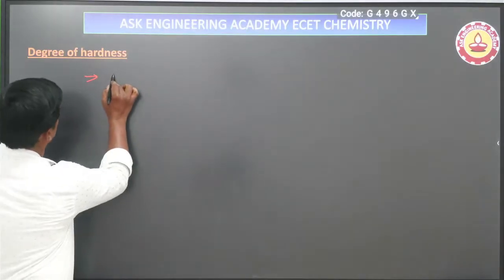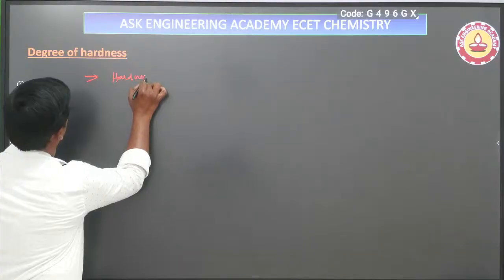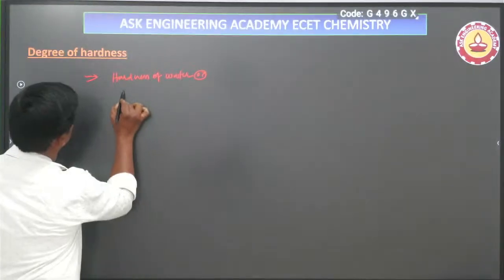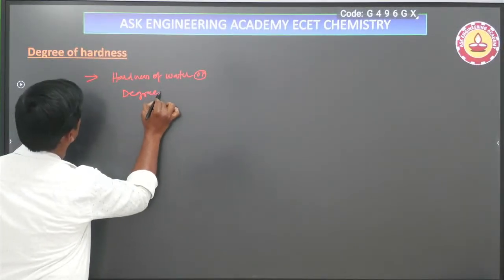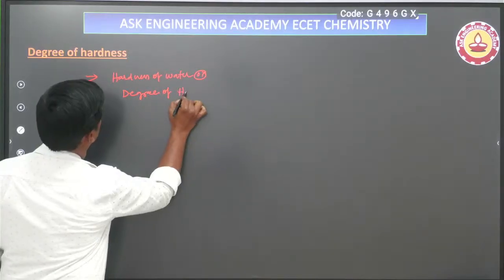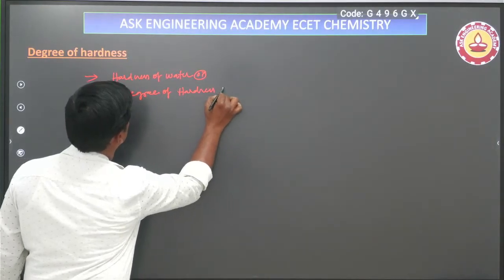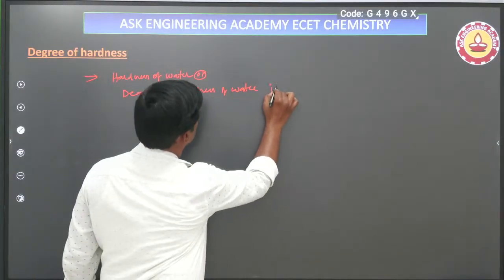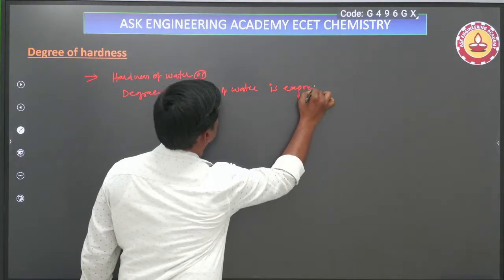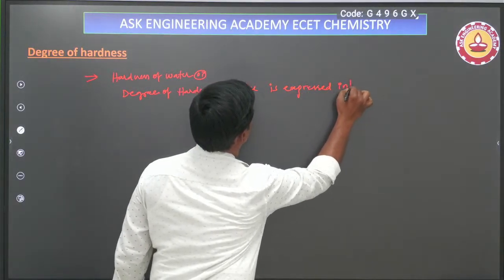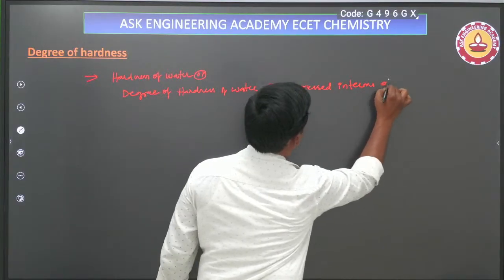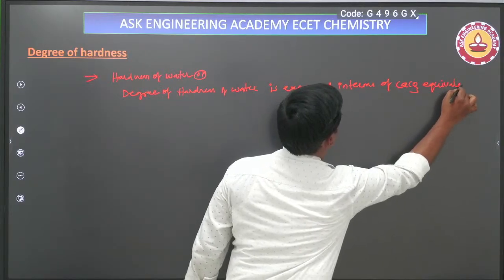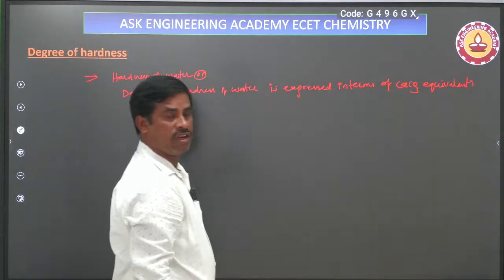Here, hardness of water, or degree of hardness of water, is expressed in terms of CaCO3 equivalence.